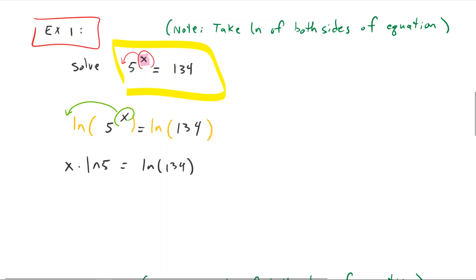We're almost done, actually. Now all we do is divide by the ln of 5. We can see that the natural logs cancel, and we have our solution: x equals the natural log of 134 over the natural log of 5.